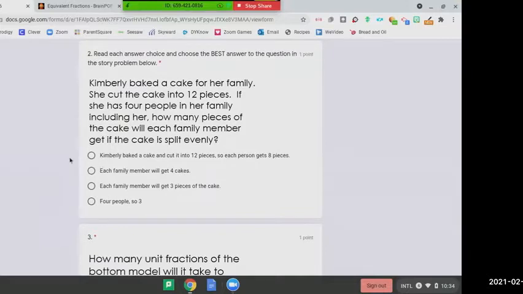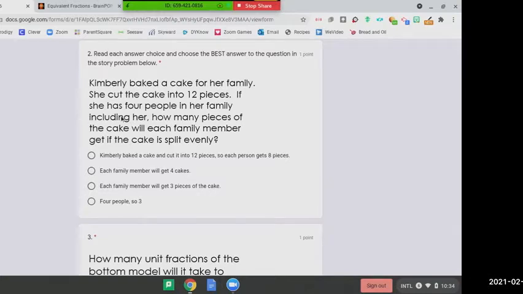Okay. It says read each answer and choose the best answer to the question in the story problem below. When we say the best answer to a question, I need you to understand that means there could be more than one, but we're looking for the one that makes the most sense. Kimberly baked a cake for her family. She cut the cake into 12 pieces.